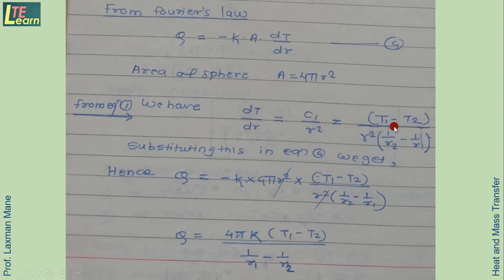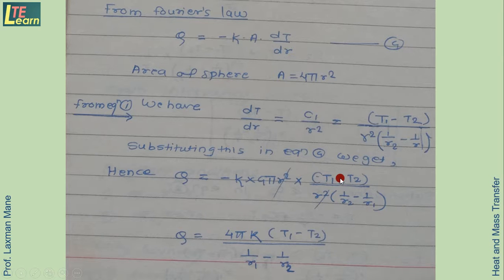So the equation is 1 upon r square into this expression. Now substituting this term dT by dr in equation 4 at this place, and A is equal to area, we have minus k into this area into this term.